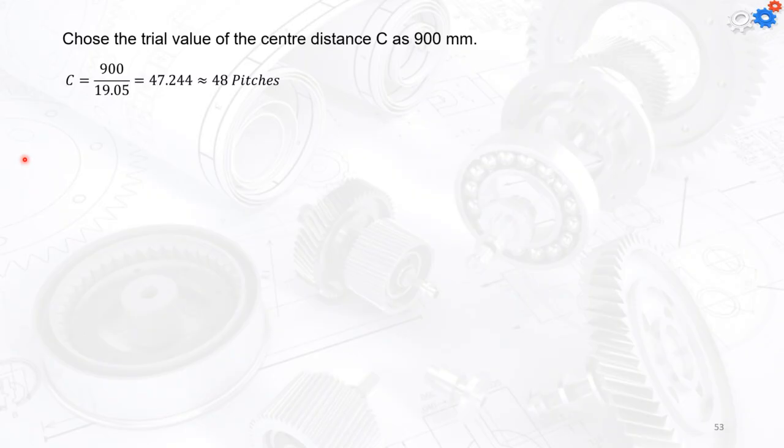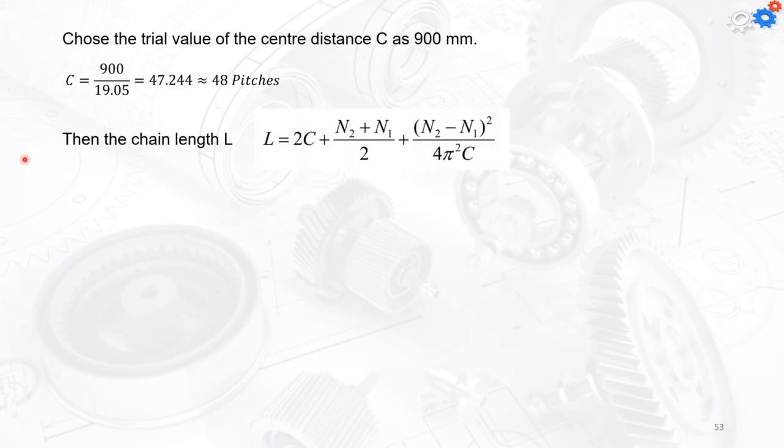Now I'm going to check for the chain length by using the equation for the L, and we're going to choose what we have earlier, 48 pitches for the C. Remember that it's within the range, because we said there's going to be anything between 30 to 50.